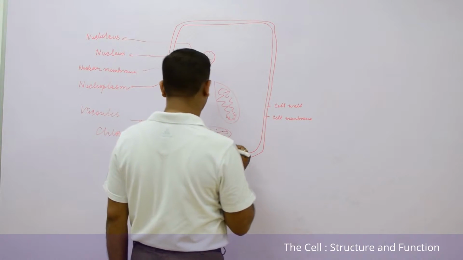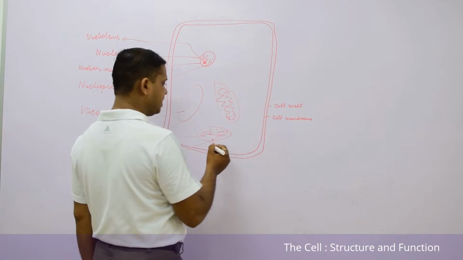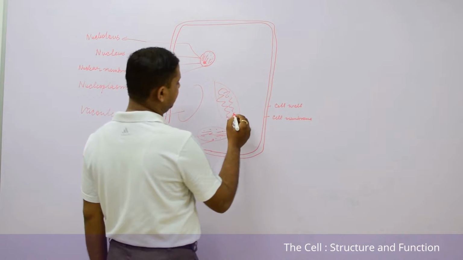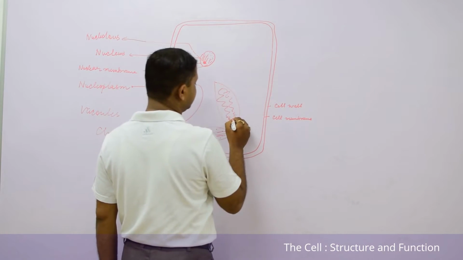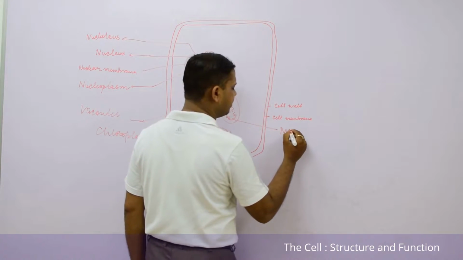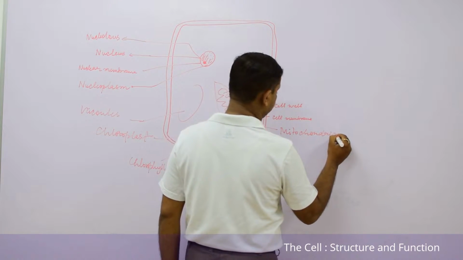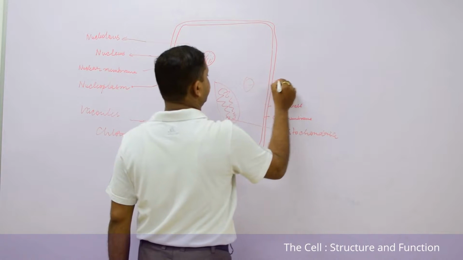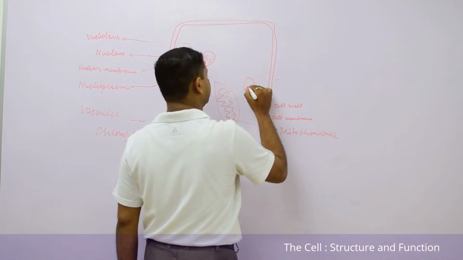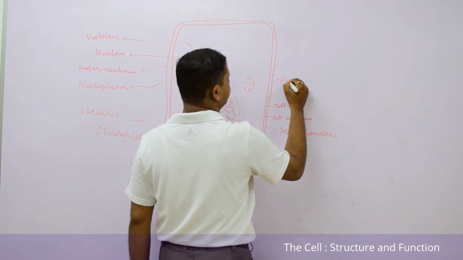Plant is an autotroph because photosynthesis takes place inside the cell. This structure is known as mitochondria. Now these are the plastids.